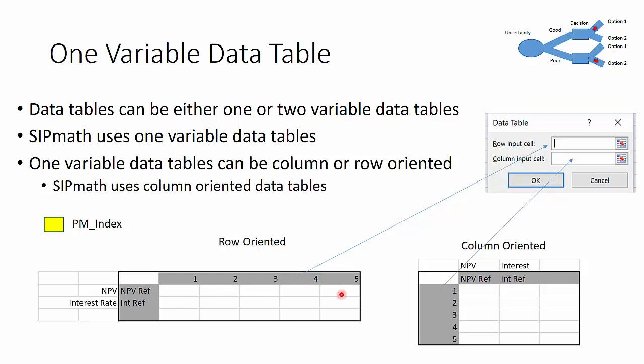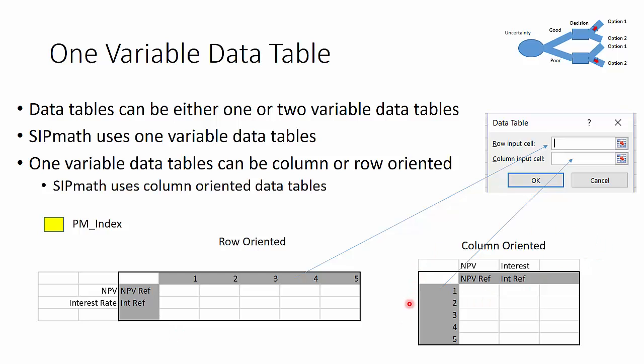When setting up a row-oriented data table, we are going to fill in this entry here with this cell reference. The row input cell does not relate to this section here. You'll see this will be more transparent when we go through the example.